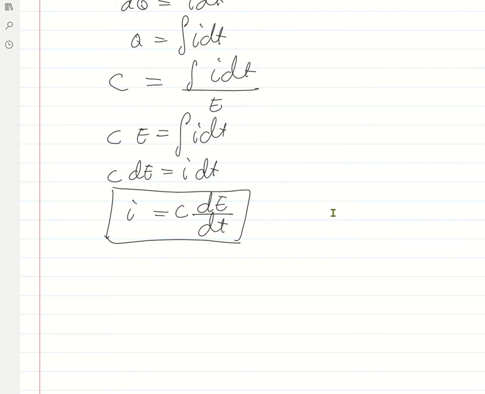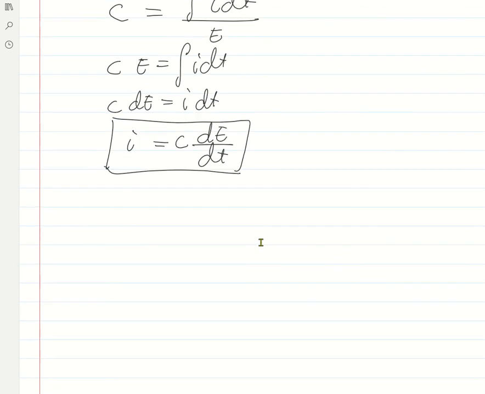Now, one property of a capacitor when we are charging it: the capacitor will be fully charged at some time. If it's fully charged, the current will be equal to 0. So this will be equal to 0 when the voltage is not changing anymore, not increasing or decreasing, not discharging or charging. So the current will become 0. Why? Because the capacitor now will be fully charged.